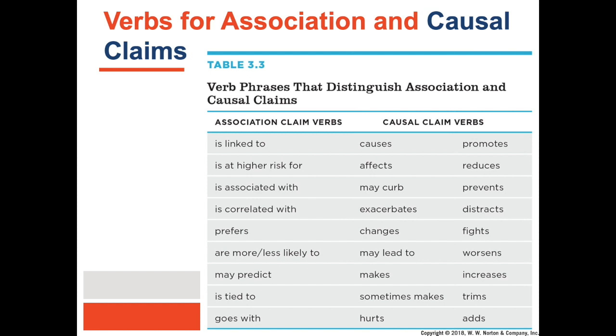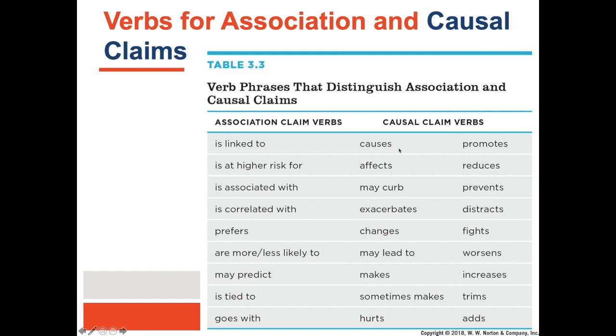So, some verbs for association and causal claims. When you're reading the literature, there's going to be a lot of association claims. Things like is linked to, is a higher risk for, is correlated with, associated with. Those are association claims. Causal claims: cause, obviously.